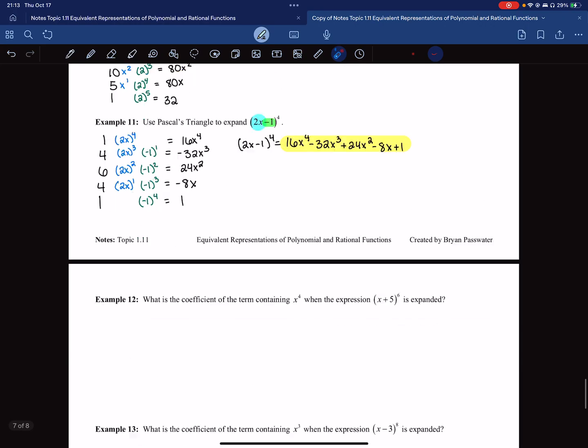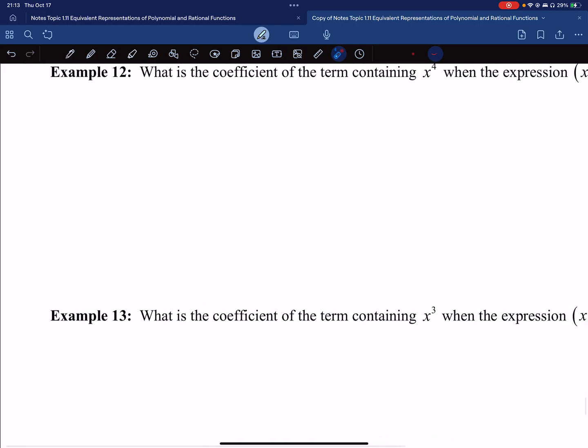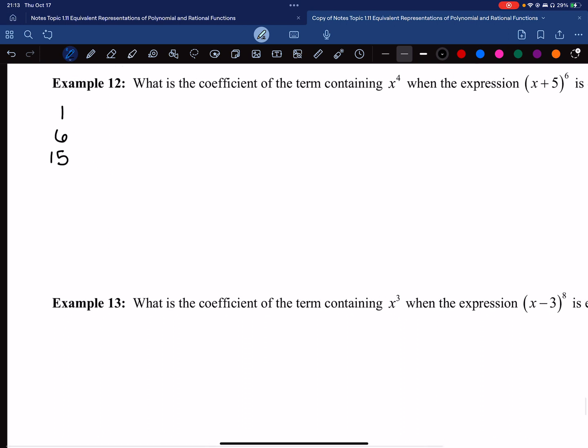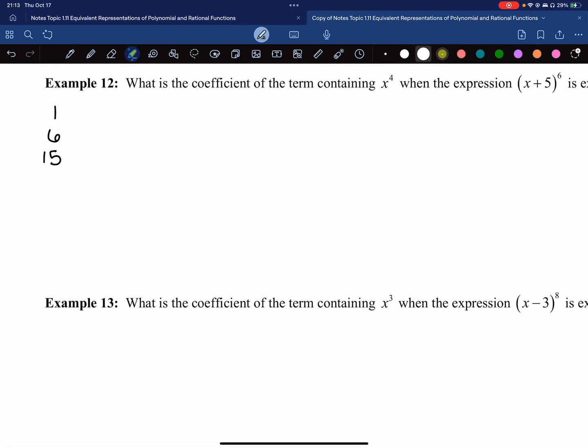So I'm going to list those out. And again, once you realize what term you're looking for, you can stop. So I'm just going to list a couple of them out. 1, 6, 15. And then I'm going to have my first term, which is x, and I'm going to start with the 6.